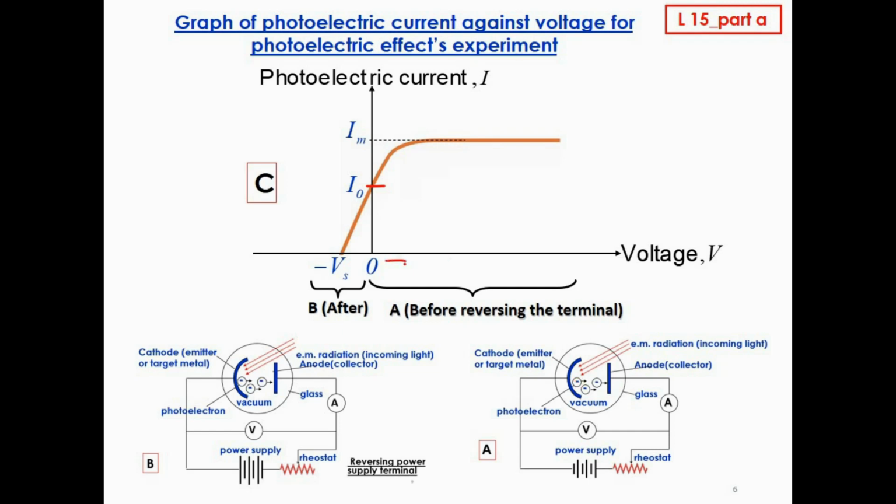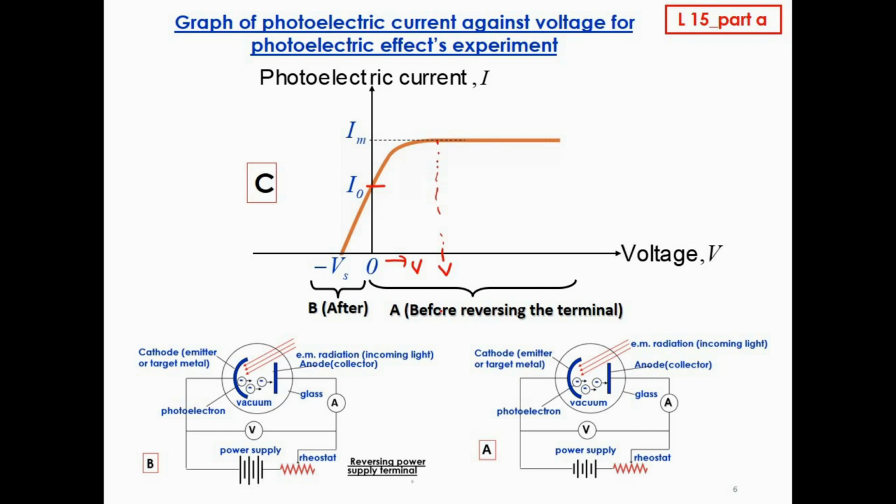As the voltage increases, the value of current flow in the circuit also increases. Up to a certain value of voltage, the current reaches the maximum value. This is because all the emitted electrons from the cathode are collected by the anode.